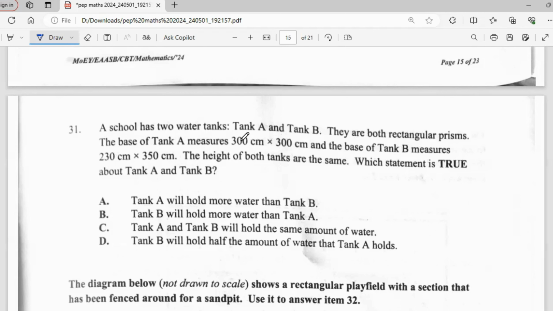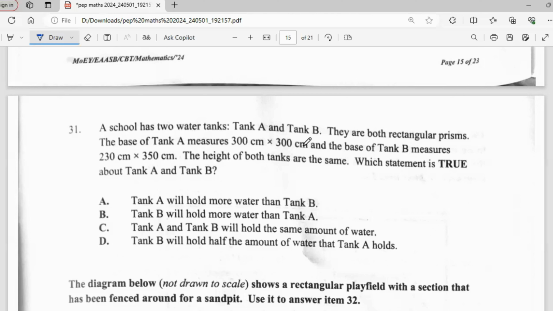So if we're supposed to multiply the dimensions that we already have, tank A would have been measuring 90,000 centimeters square, because there's only 2 dimensions that we're calculating at the moment. And then for tank B, it would have been 80,500 centimeters square already.